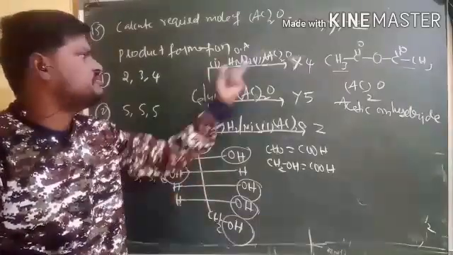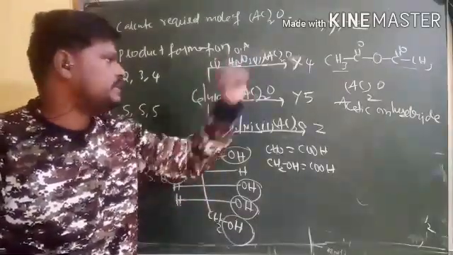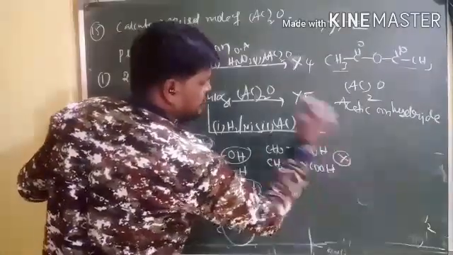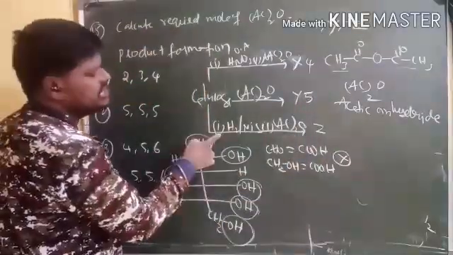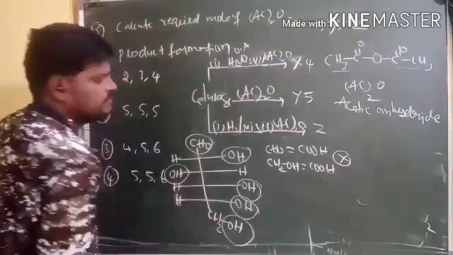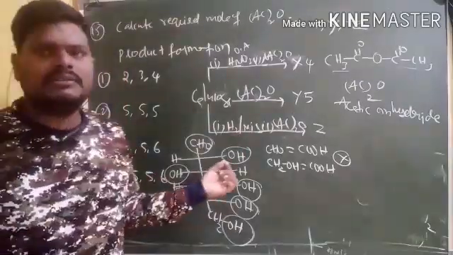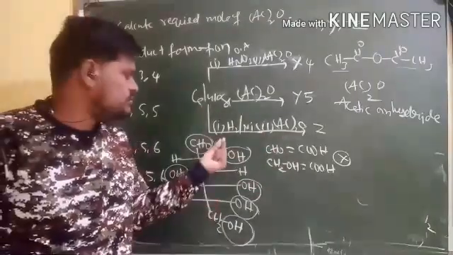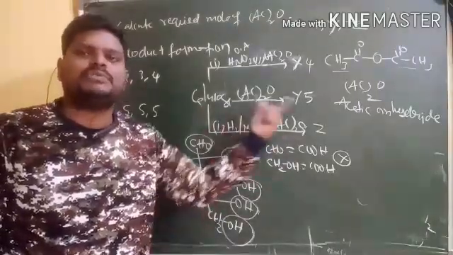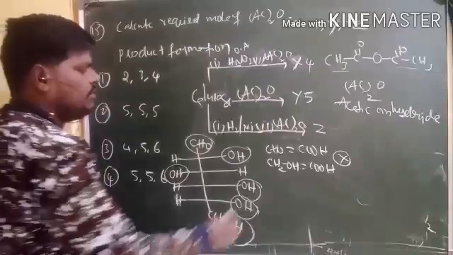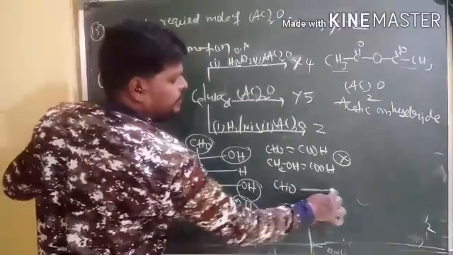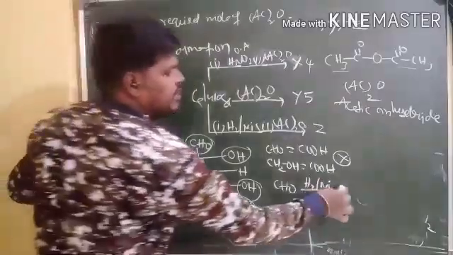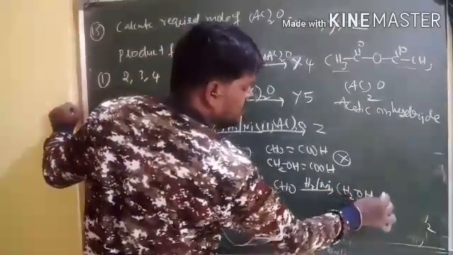That was for the first one, when glucose reacts with HNO3. And the next one is for Z. When glucose reacts with H2 and nickel, H2 nickel is used for hydrogenation, that means reduction. H2 acts as the reduction process in this case. When CHO is reduced with H2 in the presence of nickel, it is converted to CH2OH. So what do you understand?